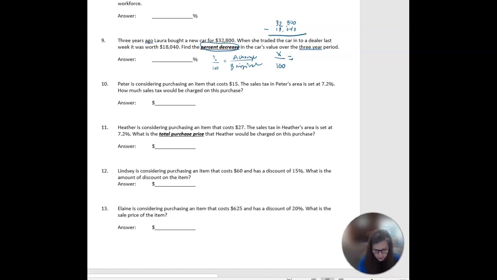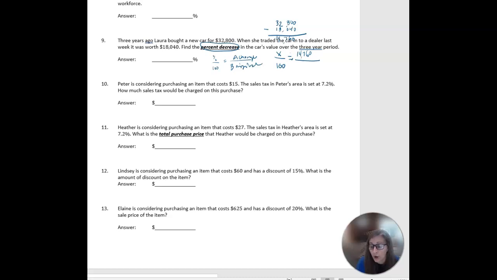So let's see, 32,800 minus 18,040 is $14,760. So the amount changed is $14,760. And then in the bottom, we put the base or the original.